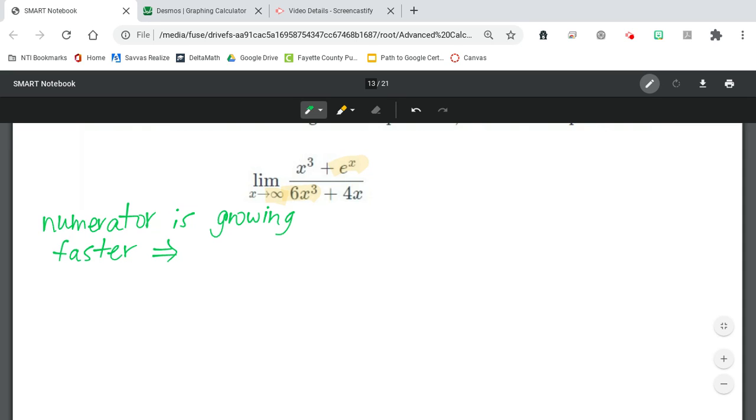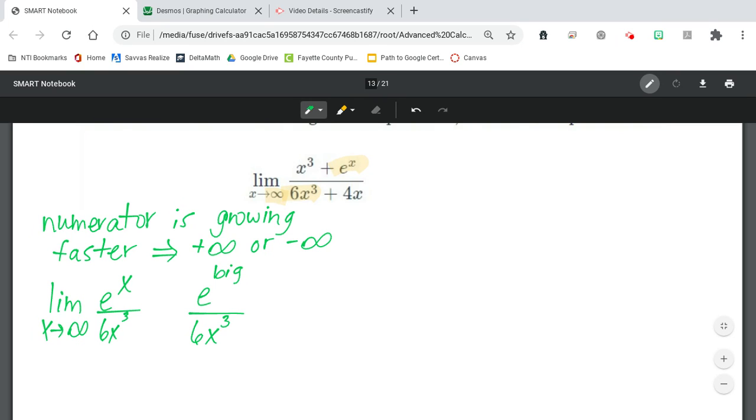then that implies my limit is going to be equal to either positive infinity or negative infinity, and I have to determine the sign. So let's compare the limit as x approaches infinity of e to the x over 6x cubed. So I'm going to think about substituting in really big numbers for x since we are approaching infinity.